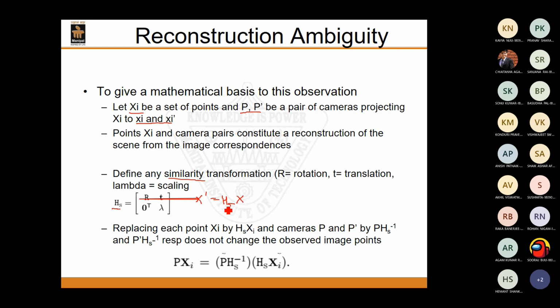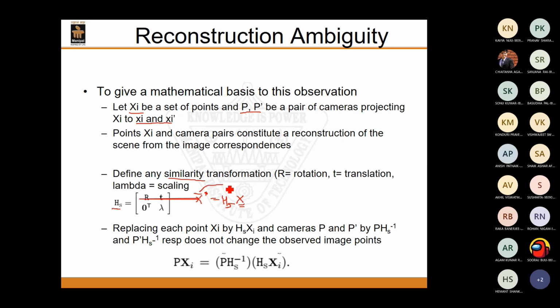I can put X cap over here also. What that means is that to the reconstructed points which I have obtained, if I apply the similarity transformation, I can get the actual 3D scene, or the points which are present in the actual scene.